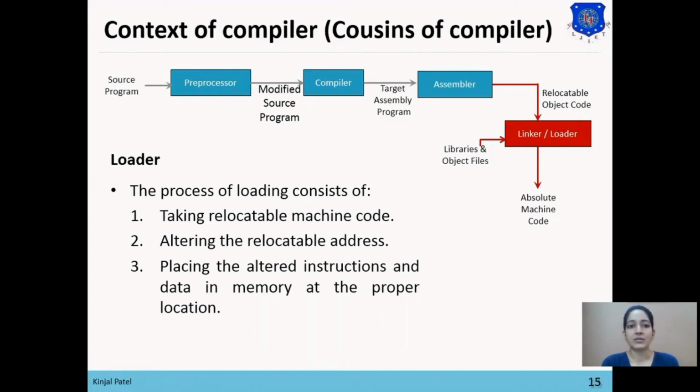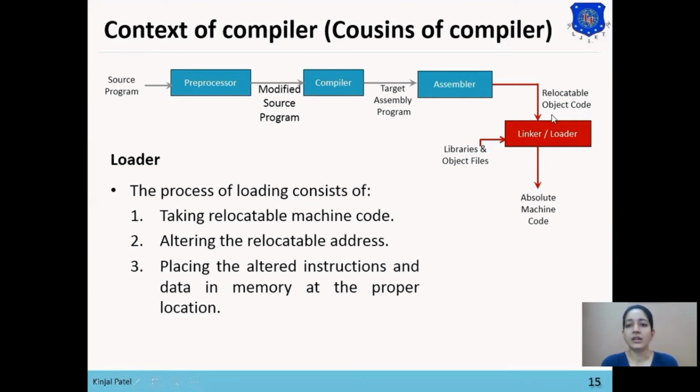First, it is passed to the preprocessor. Then the preprocessor removes hash lines and converts it into pure higher level language, and that pure higher level language will be passed to the compiler. So the compiler will convert that pure higher level language into assembly language, and that assembly language will be passed to the assembler. So the assembler will convert it into relocatable object code, and then that relocatable object code will be passed to the linker.